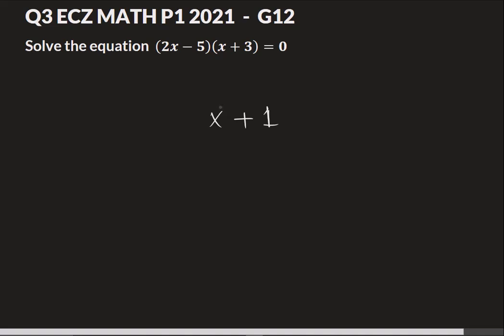If it doesn't have a power shown explicitly, for example here we know there's a 1 here but it hasn't been shown, this is known as a linear expression or a linear equation. When we have a square on one of the variables like this, usually we can say comfortably that this is a quadratic expression.